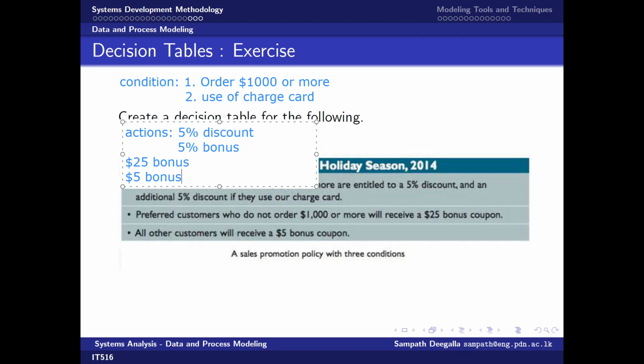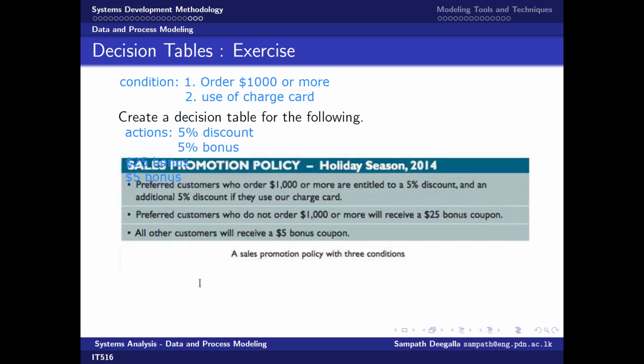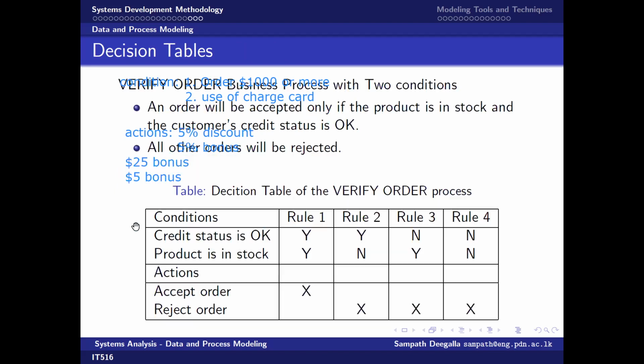Right. So put up the conditions first, like in the previous case. So in our case, we have order 1,000 or more, and then use of charge card. So we can have 4 situations, which means they have spent 1,000 or more, and then they have used our charge card.